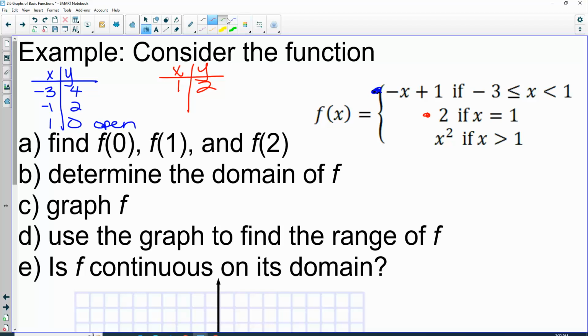Then the next one, x squared if x is greater than 1. So we have to put in 1, will be open, and then we need things larger, so maybe a 2 and a 3. 1 squared is 1. 2 squared, 3 squared.